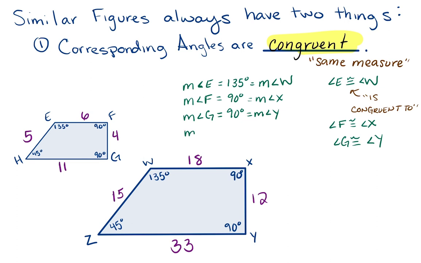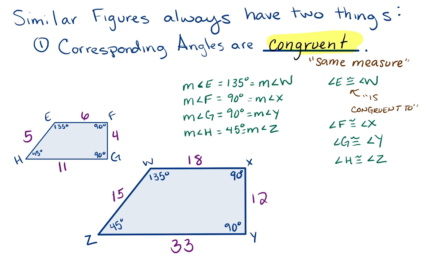Lastly, I have the measure of angle H, which equals 45 degrees, which is also the measure of angle Z. So my fourth congruency statement for the angles is that angle H is congruent to angle Z. Since I was able to show that all four angles in each figure match up with an angle in the other figure, I have satisfied the first part of the definition of similarity.